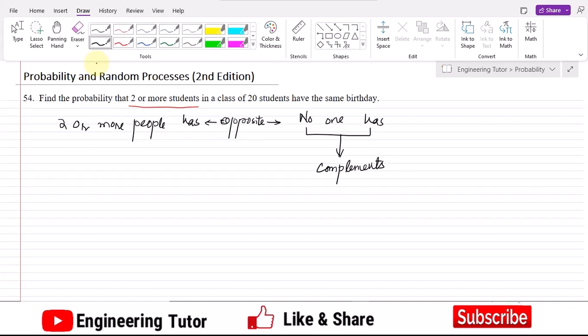First you have to get the essence: if 2 or more people in a class have something, it is possible that all the students in the class have a birthday on the same date, or any number of students may have it on the same date. But to find the possibility that any 2 or more people have the birthday on the same date, you may find the probability that no one has a birthday on the same day, and after complementing it you get the answer.